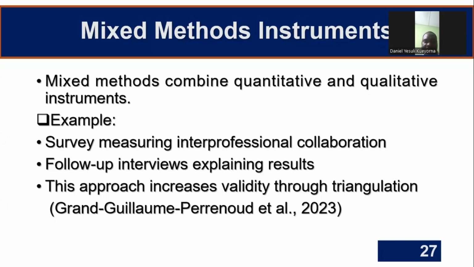Follow-up interviews explaining results. We can also have this approach increasing validity through triangulation. So since it's to and fro, you go through this method, go through this one, go back to this one, it results in that sort of triangular movement in your use of instruments.